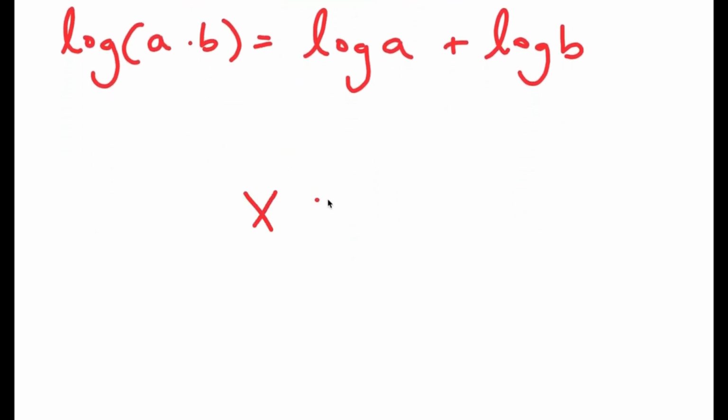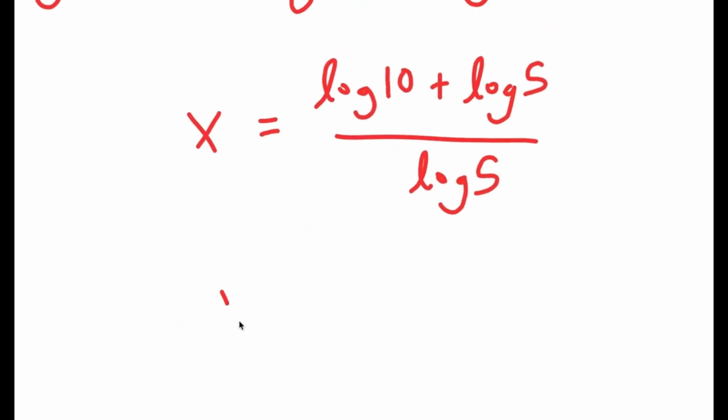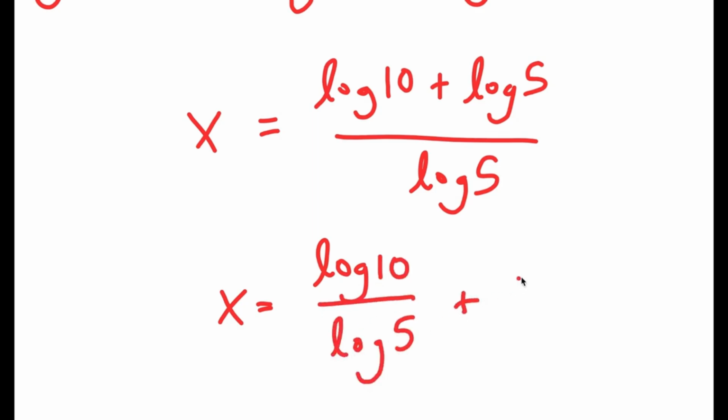So now this turns into log 10 plus log 5 over log 5, which is the same thing as log 10 over log 5 plus log 5 over log 5, which is just 1.